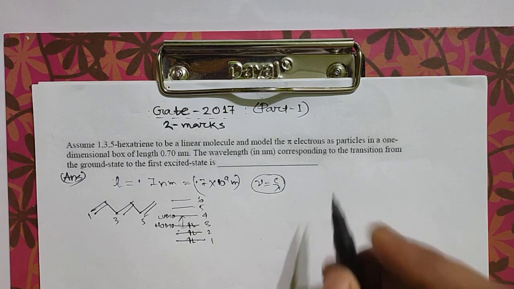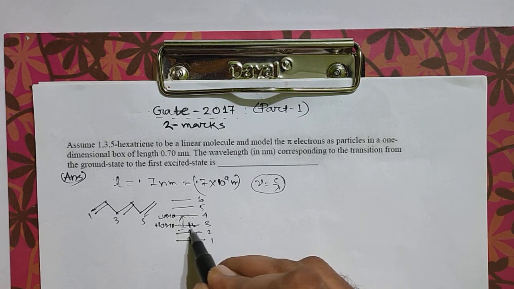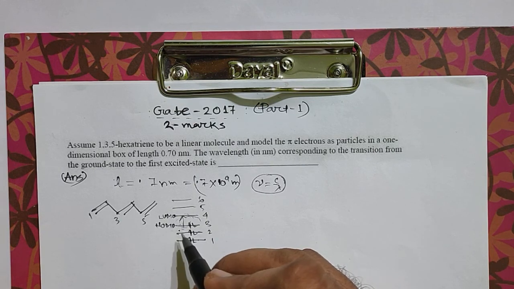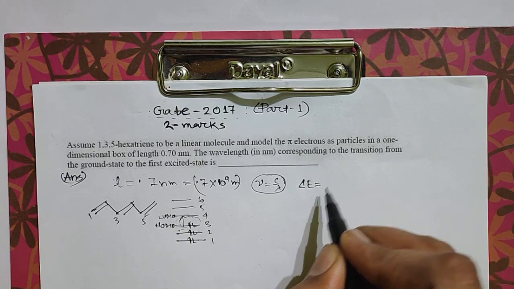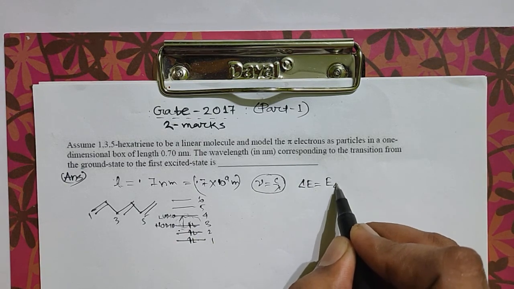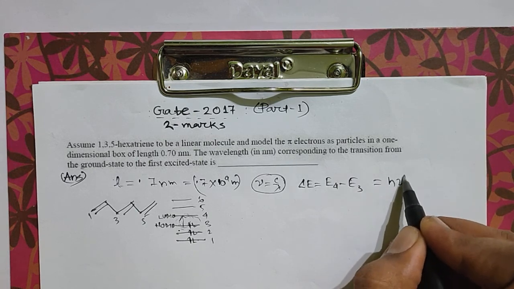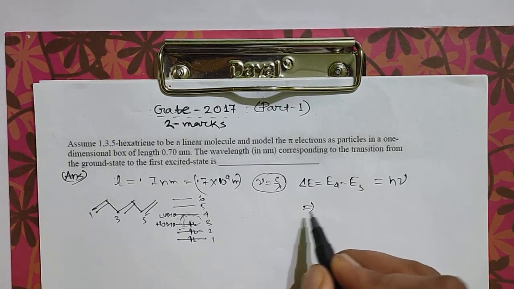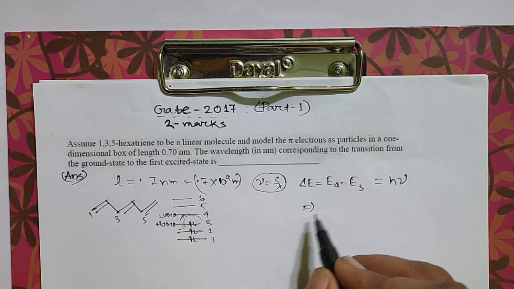Okay, so here first what we'll do is take the energy difference between those two energy levels. We know that delta E equals E4 minus E3, and this equals h nu. Here we will put in E4, and we know that energy equals n square h square by 8 m L square.